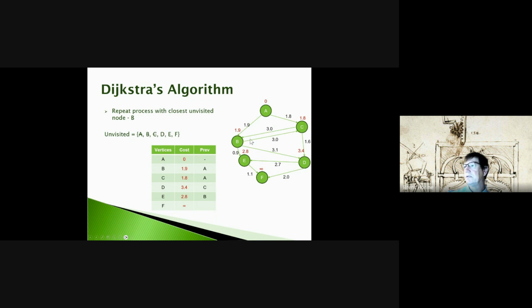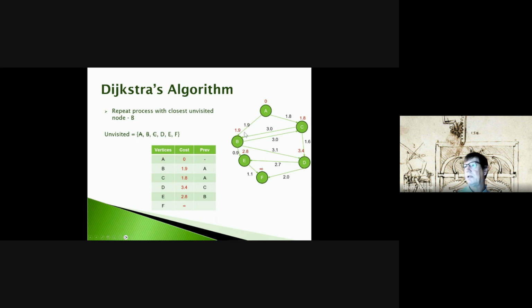So this directed edge down here. So 4.9. Well, it only costs 1.8 to get to A to C, so we leave that one alone. Then let's look at D. That would be 3.1 plus 1.9 for 5, right? So it costs us 5 to get to D, but this 3.4 is still lower, so we'll leave that one alone.